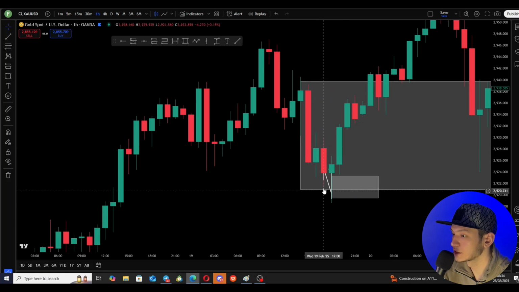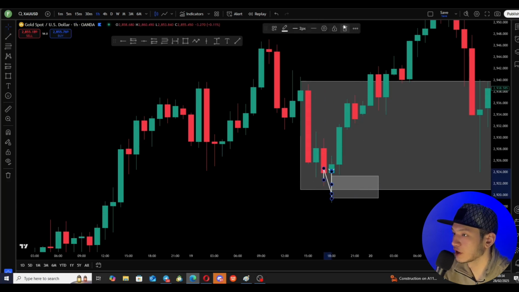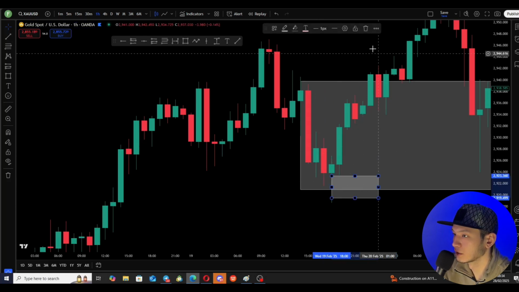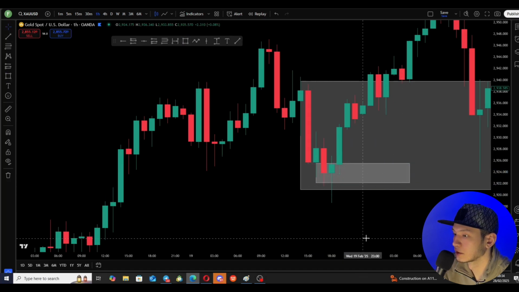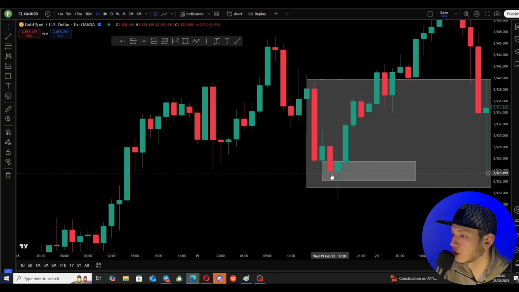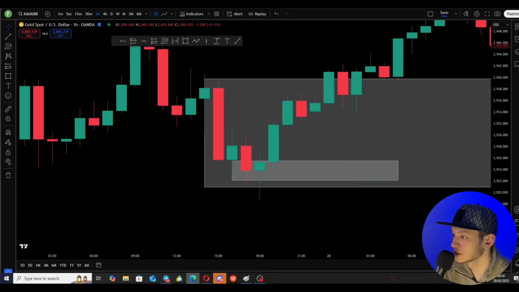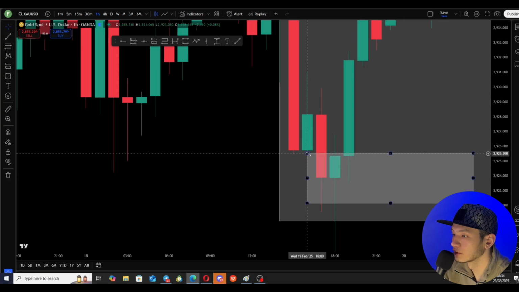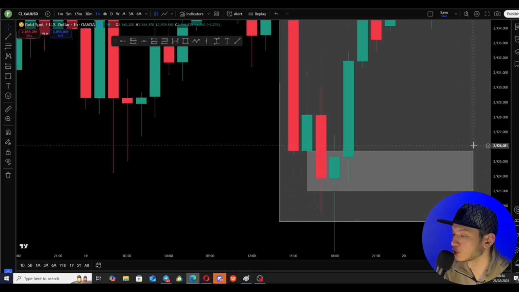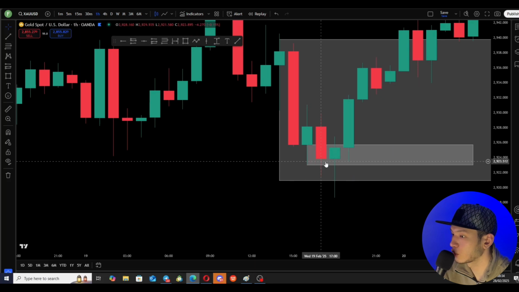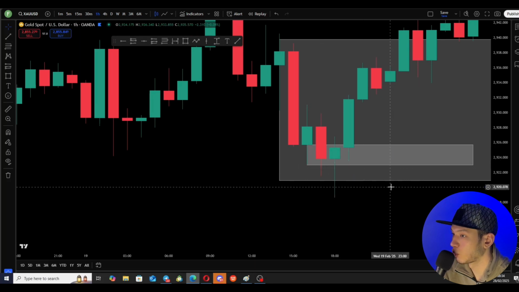Why? Simply because if you watch my previous video about OHLC, we can clearly see price couldn't close below this support over here. And why that support? Because we've got simply the open and low of a bullish candle as a support and price couldn't close below that support. So what's your target?